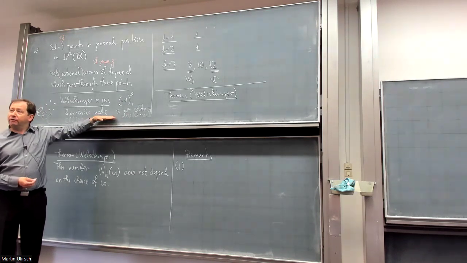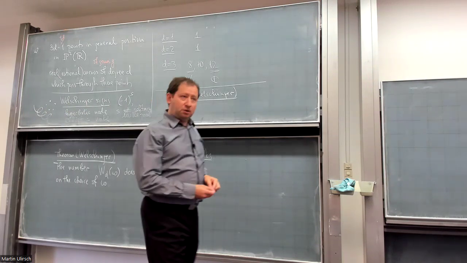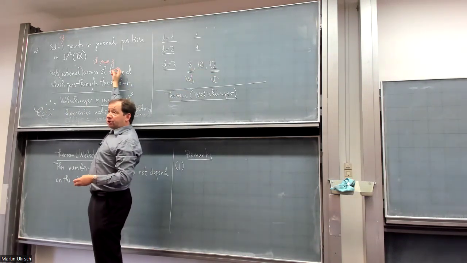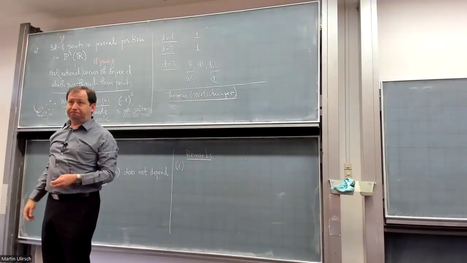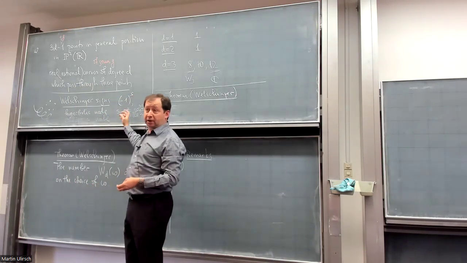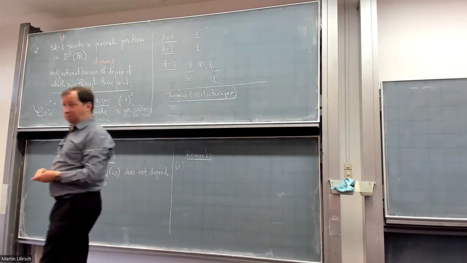So this Welschinger enumeration does not give an invariant already starting from genus 1. And I don't know how to define this Welschinger type invariance in higher genus in P2.